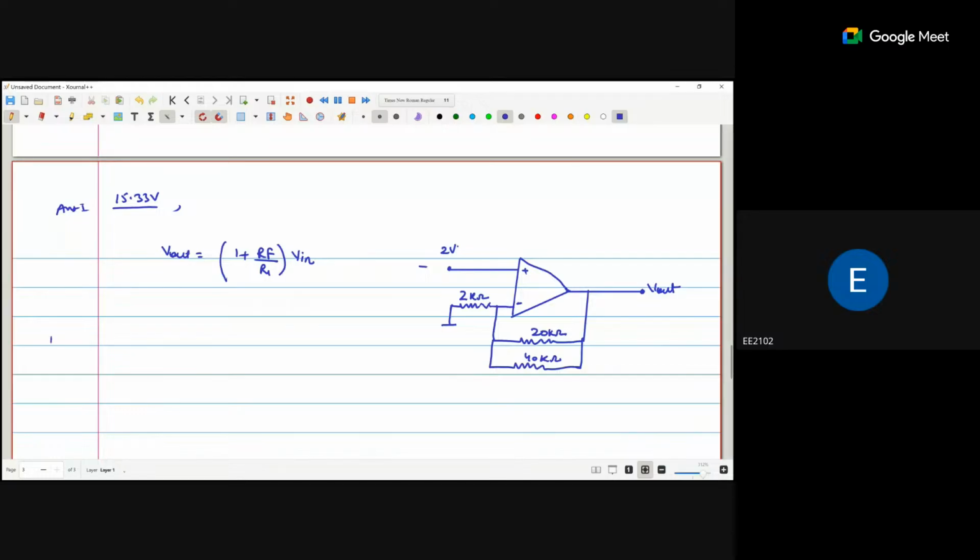Now RF is the parallel combination of two resistors, 20K parallel with 40K. So it is 800K divided by 60K, or 40K divided by 3.